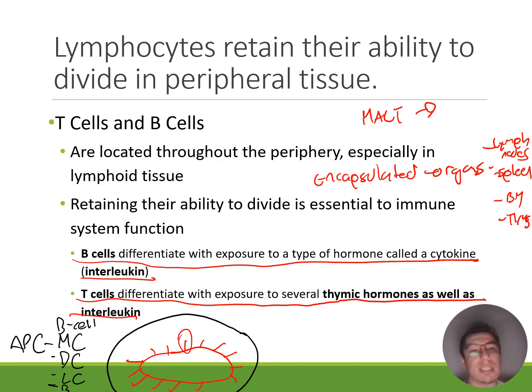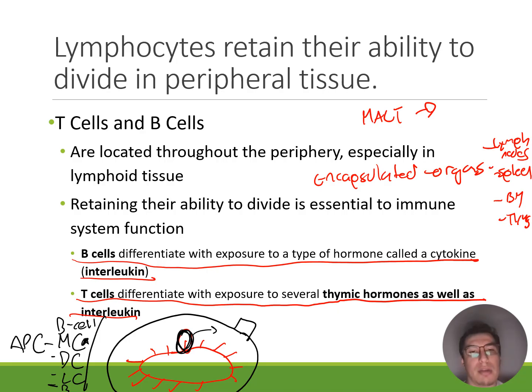So these antigen presenting cells are trying to show the T cell what the pathogen looks like. In this case, we're going to use the macrophage example. So the macrophage is going to engulf this pathogen and is going to capture this process outside of the bacterium, and it's going to present it on a receptor.